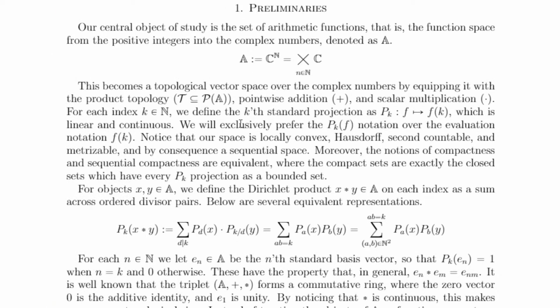So over here, our first observation is that our space is locally convex. What that means is that if we have an open set in our topology on our space A, and a point in that open set, then we can find a neighborhood of that point, smaller than the first open set, which is convex.